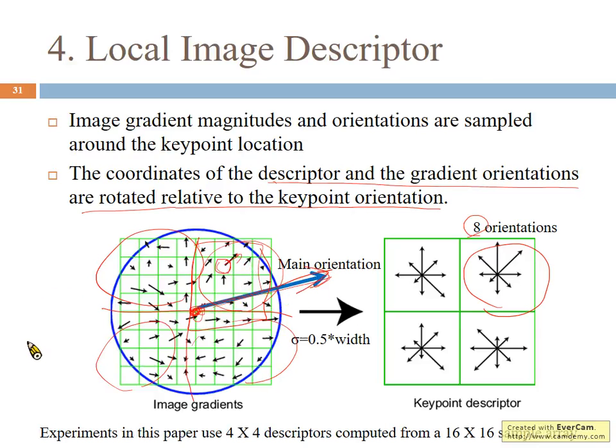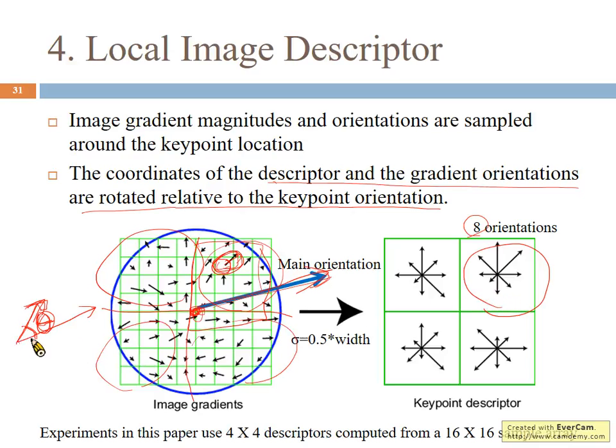For example, right now the main orientation is here, and for this pixel the orientation is here. Then when we construct the orientation histogram, we don't use such orientation. We actually use the increased angle theta to construct the orientation histogram.